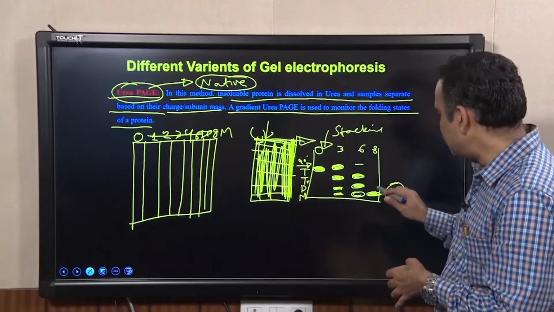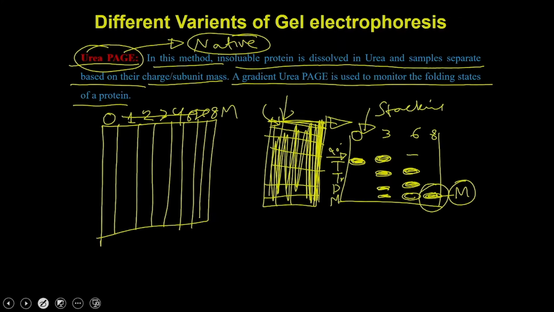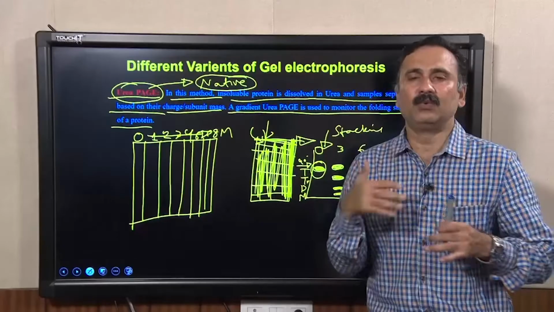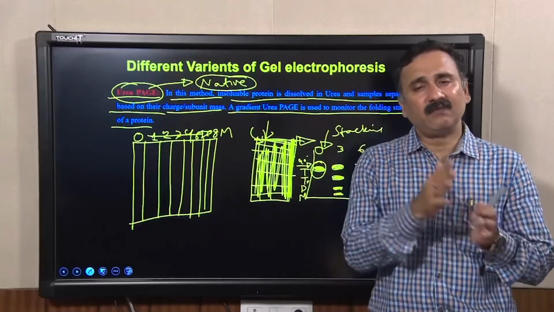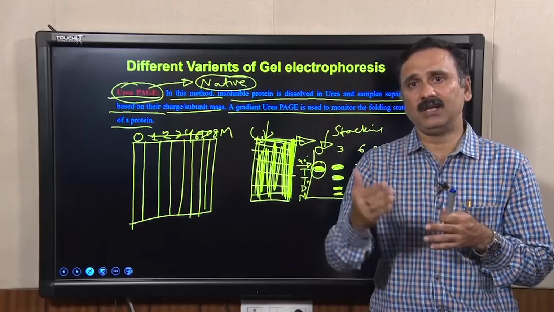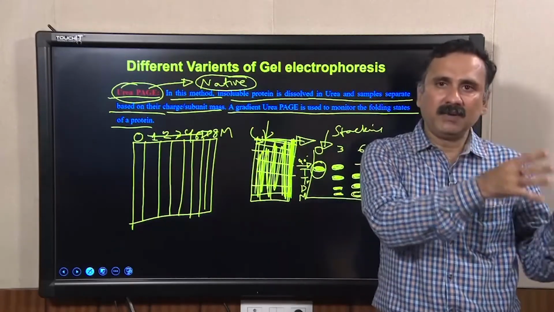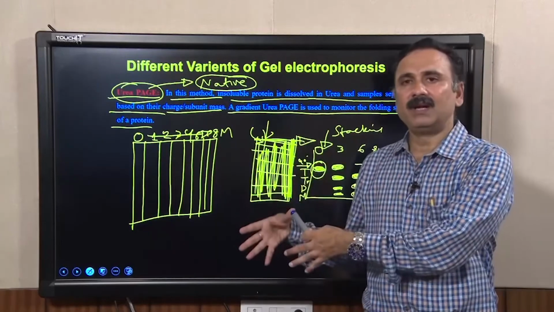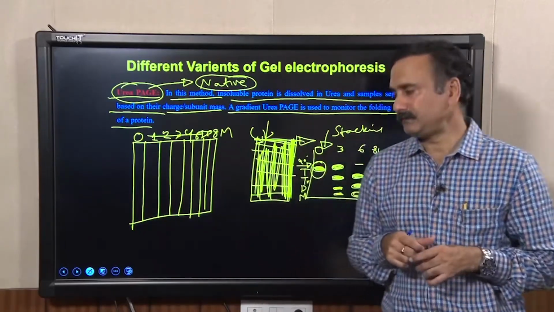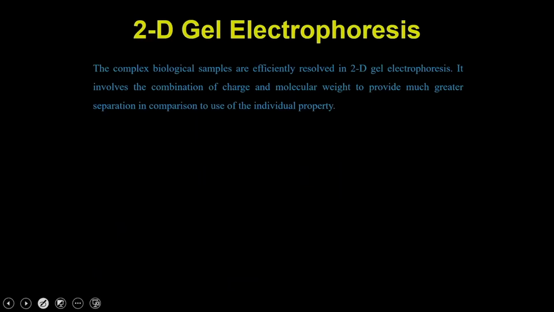So, at this stage all your protein is unfolded, whereas at this stage all your protein is in the folded state. By doing this you can study the different intermediates the protein goes through from a completely folded protein to a completely unfolded protein.